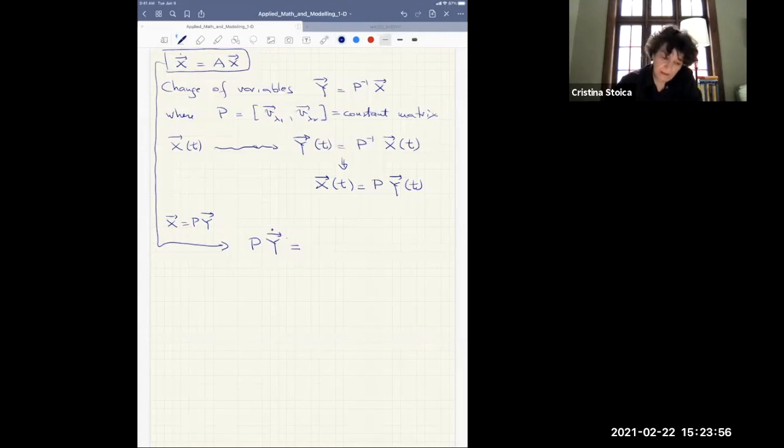The right-hand side is A times P y. In other words, y dot equals, and here we multiply by P minus 1 on the left.